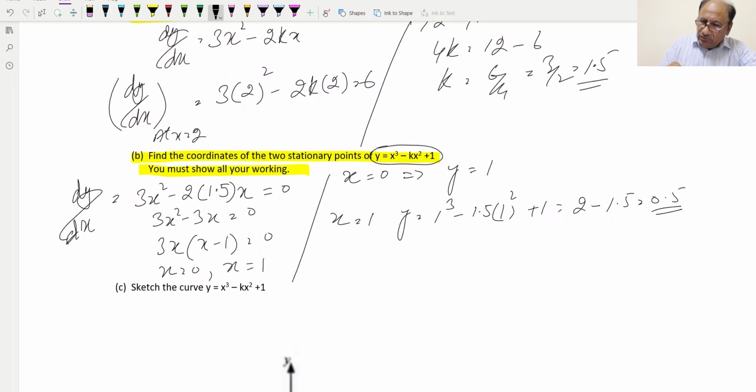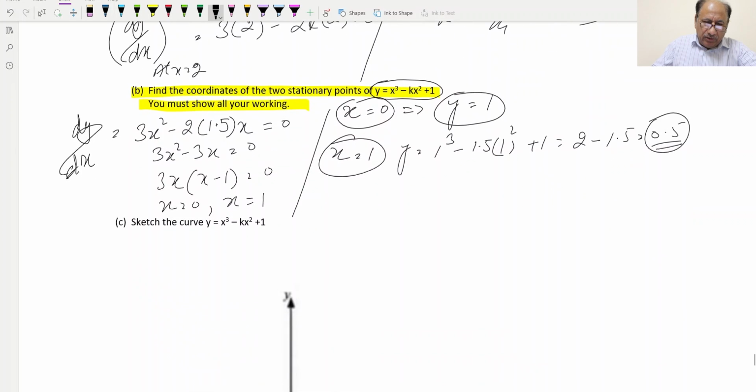So for x is equal to 1, y will be equal to 0.5. These will be the coordinates of the two points. We can write (0, 1) and (1, 0.5). This will be the answer.